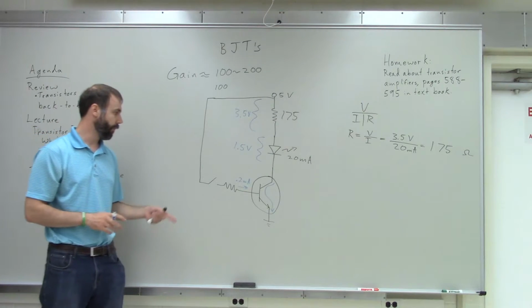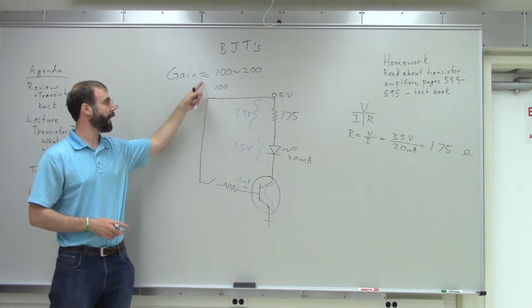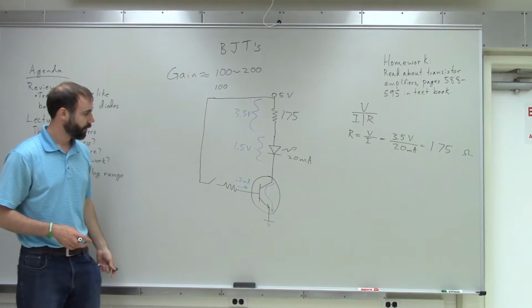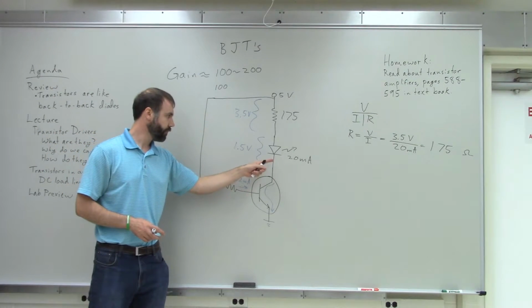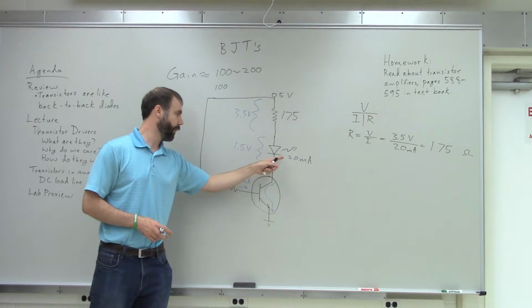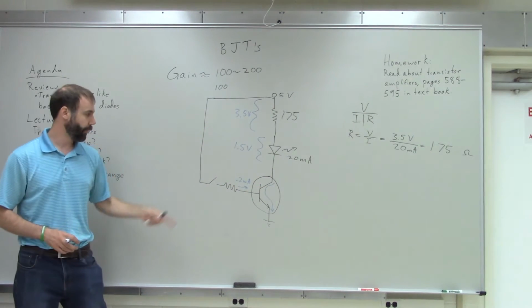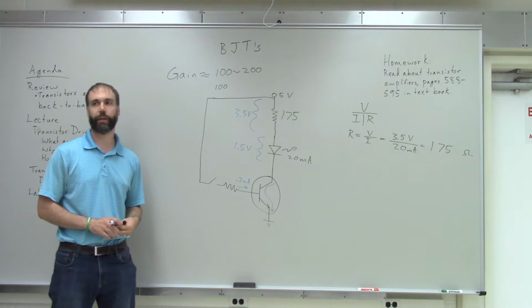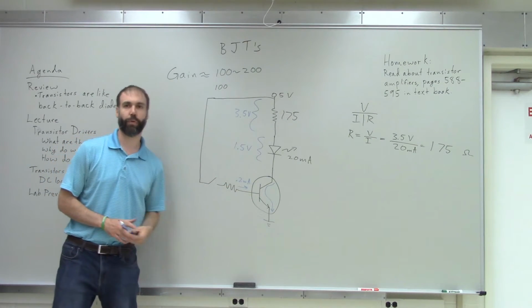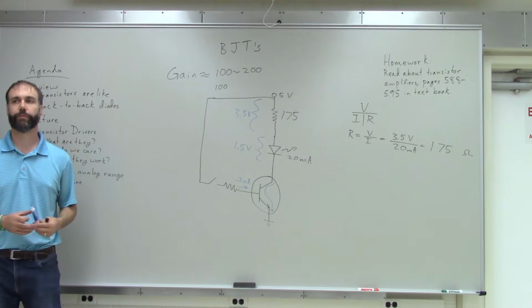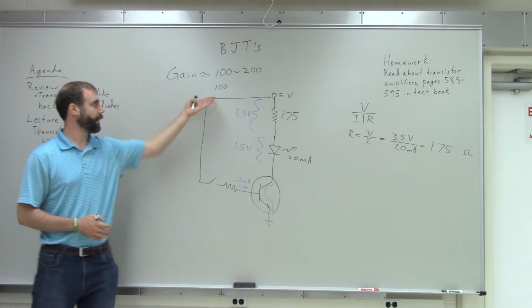So if we knew that the gain was exactly 100 and we wanted exactly 20 milliamps flowing through there, then we could use 0.2 milliamps going in, and then the circuit would work out exactly right. But we don't know exactly what the gain is, right?